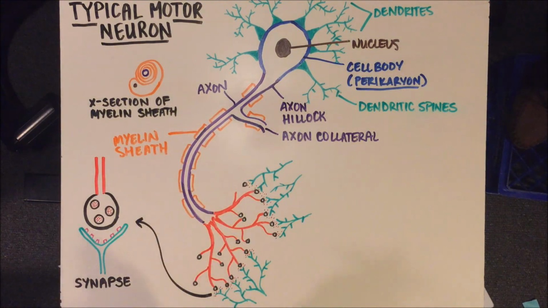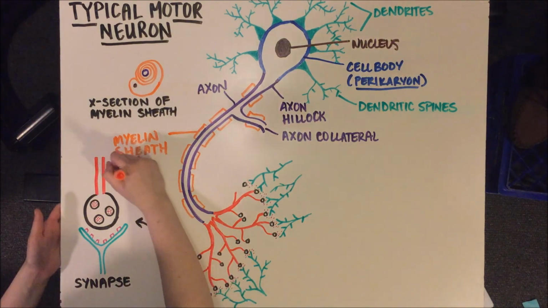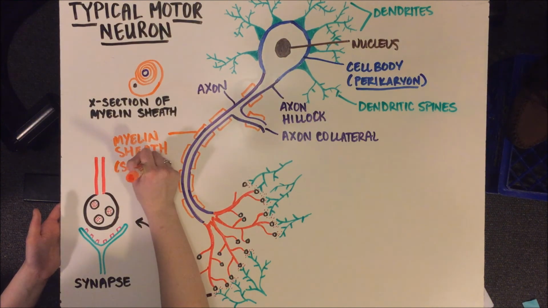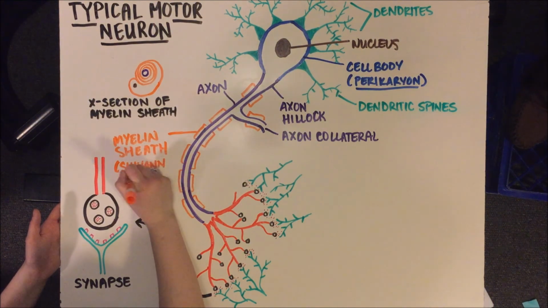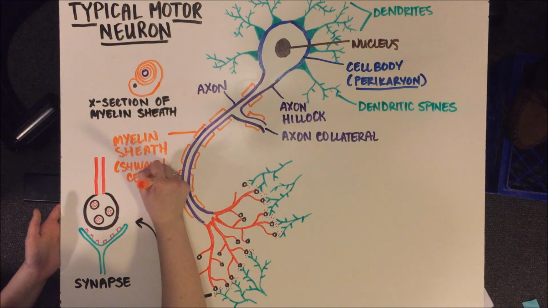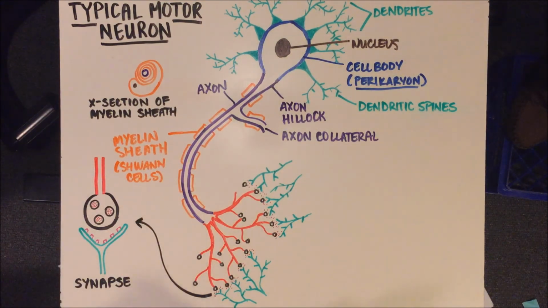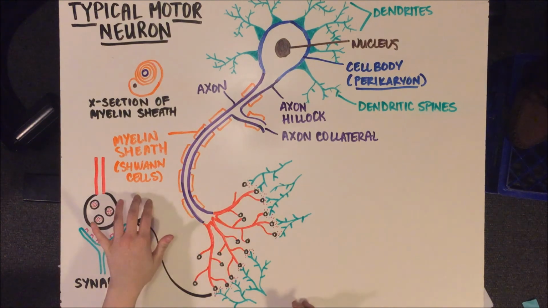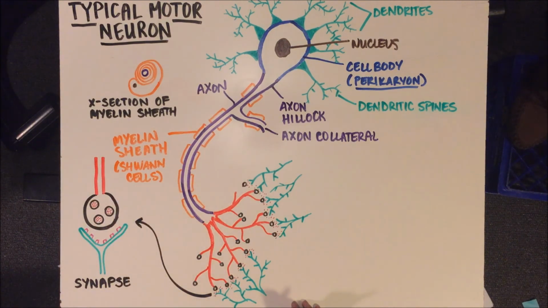In the peripheral nervous system, the cells that make up the myelin sheath are called Schwann cells. I'll write that here. And if you're talking about a neuron in the central nervous system, they'd be called oligodendrocytes. We're going to talk about Schwann cells in this video. We'll talk about oligodendrocytes in another.